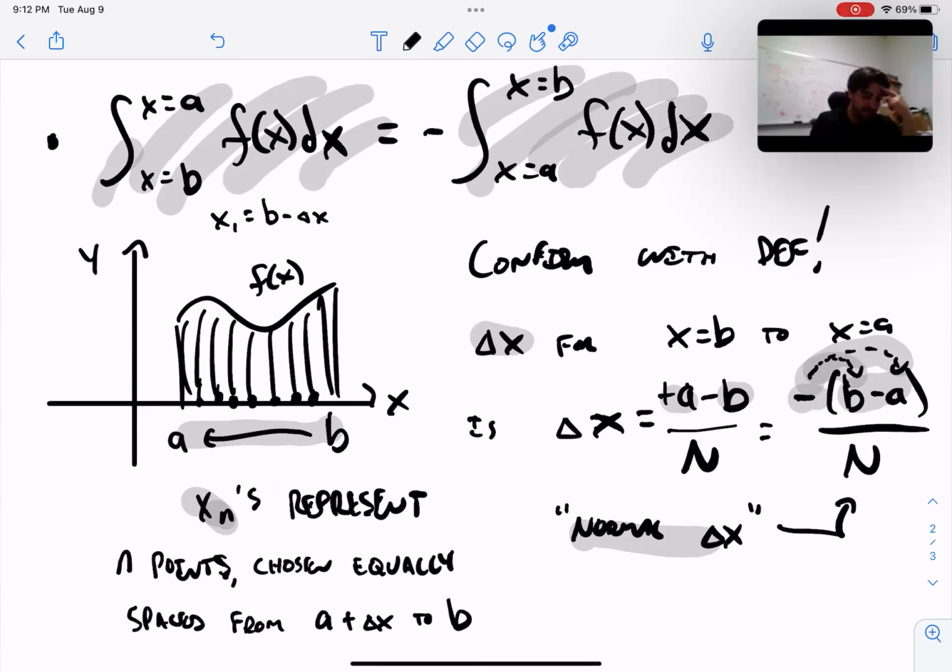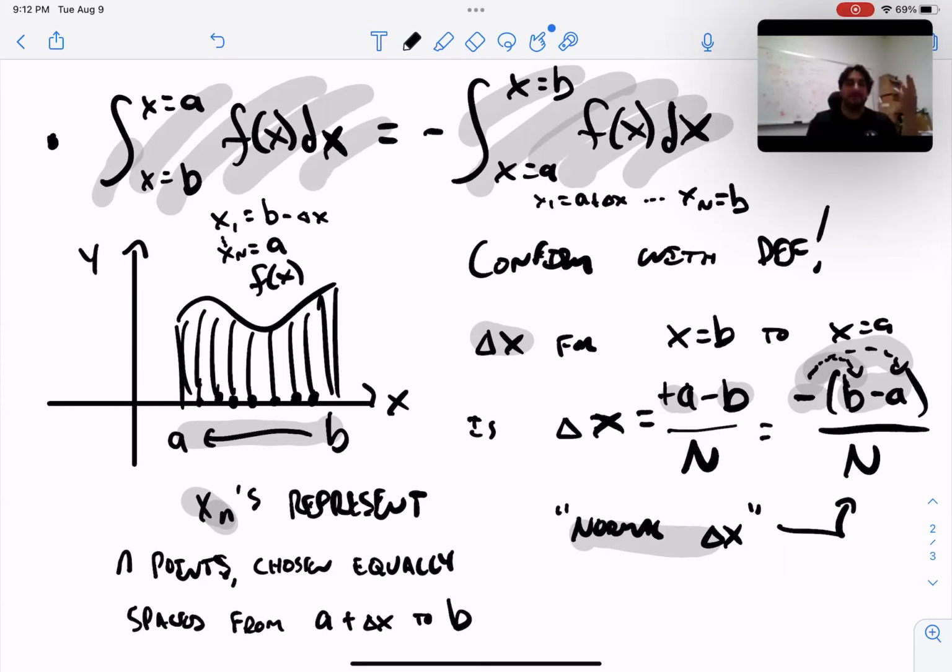That would be your first point, and you would never use b. And then the very last one, x sub n, would be a. As opposed to over here, where x sub 1 would be a plus delta x, again meaning the regular delta x, and then you would go until x sub n becomes b.